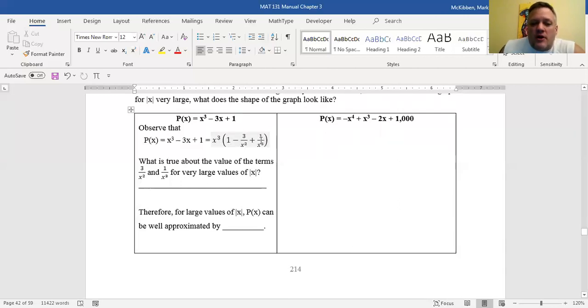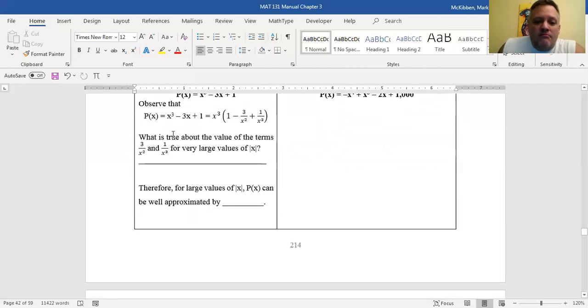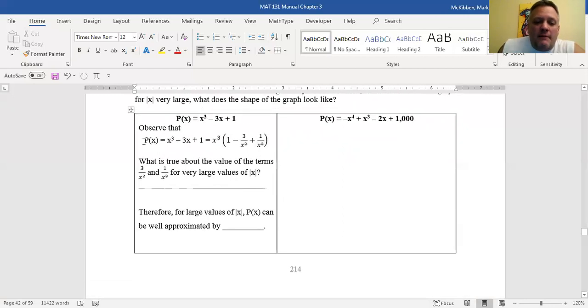Rather, you're getting an expression that's going to algebraically help me make the observation that I want. The way you think about it is, what do I multiply this by to get that? Same way here, what do I multiply x cubed by to get 1? I multiply by 1 over x cubed. And so now I've rewritten my polynomial as that product.